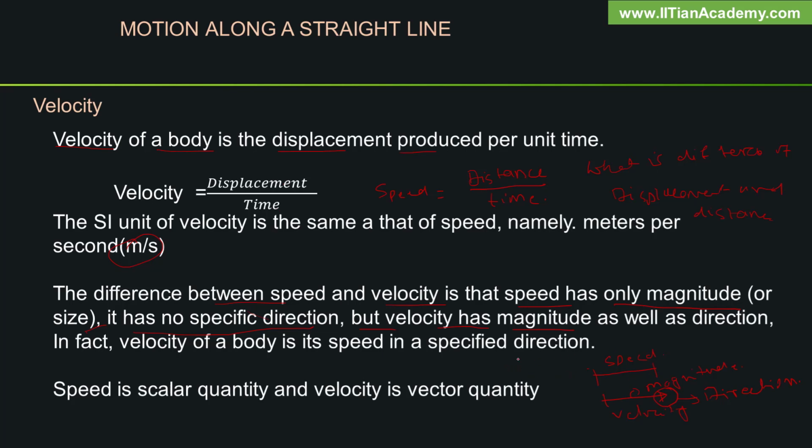In fact, velocity of a body is its speed in a specified direction. Speed is scalar quantity and velocity is vector quantity.